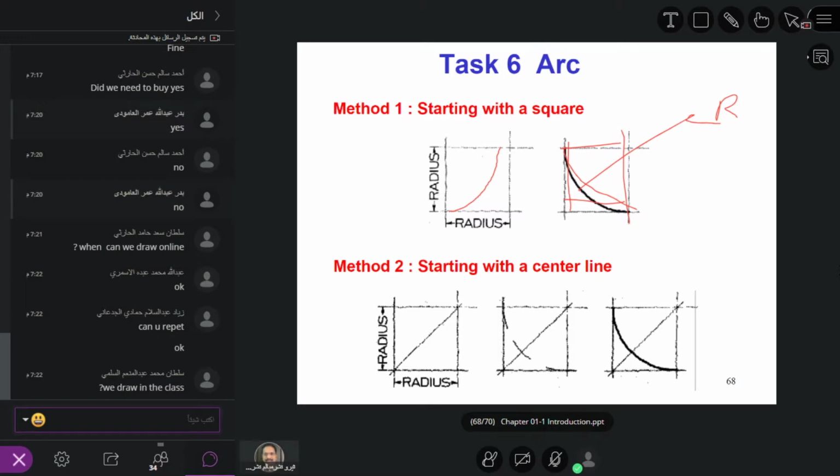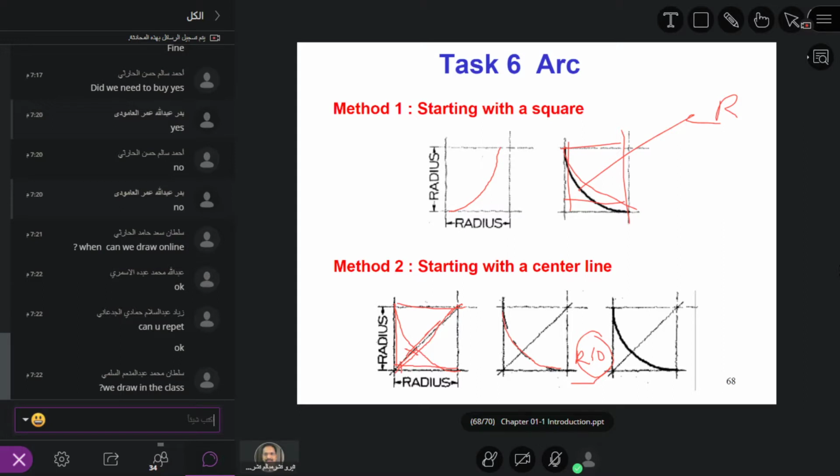Another way to make an arc is, this is the radius here, and then draw a line which joins these two maybe, and then your radius should be marked here and join it. So this is another freehand arc. If you do this, this is some radius 10 or something. So this is an arc.